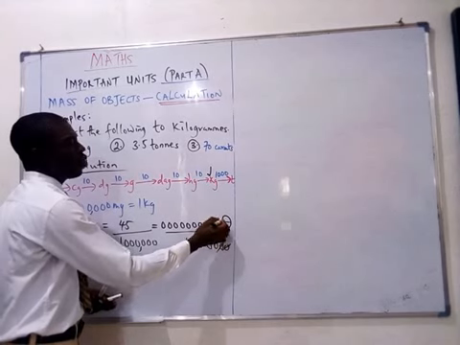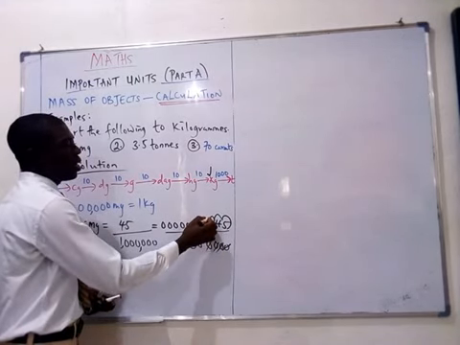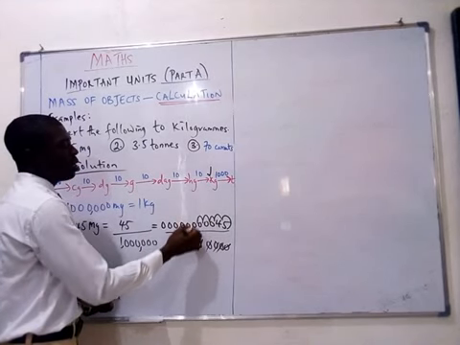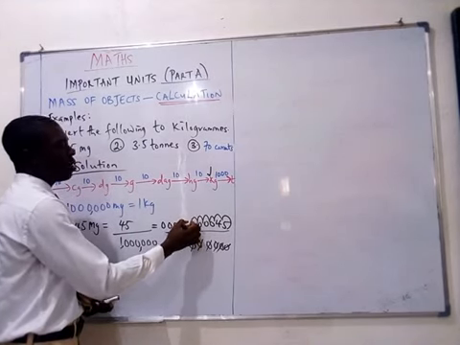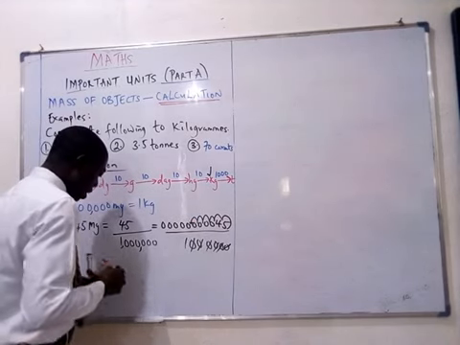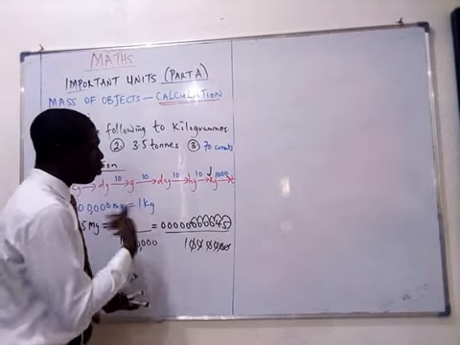Take away the next 0, you move. Take away the next 0, you move. Cancel the next 0, you move. Cancel the next 0, you are now here. You see? So you are here in this place. Since you are here, all the other 0s that you don't need, you can remove them, right?